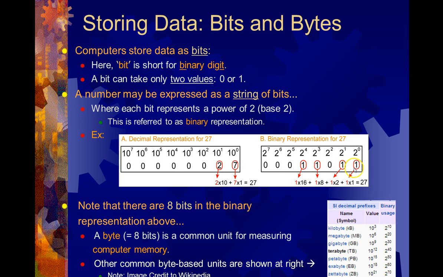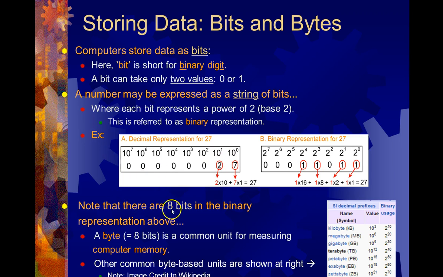So when I say that it's a binary representation as opposed to a decimal representation, this is also equal to 27, just like this was equal to 27. Okay, so we can express numbers using a binary representation, just as we can represent numbers using a decimal representation.